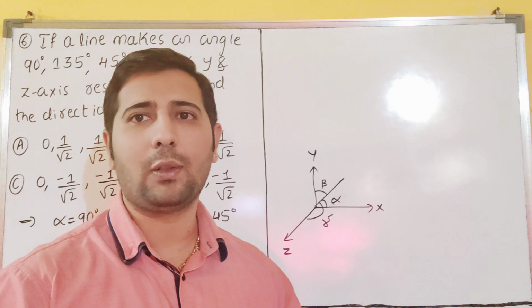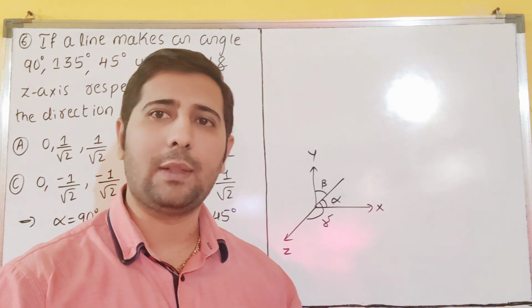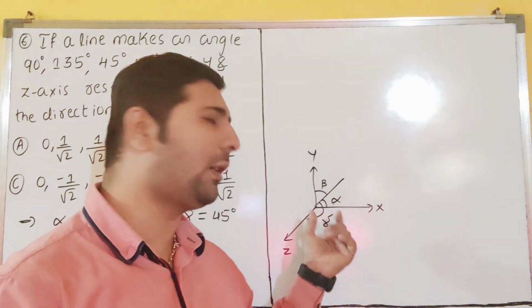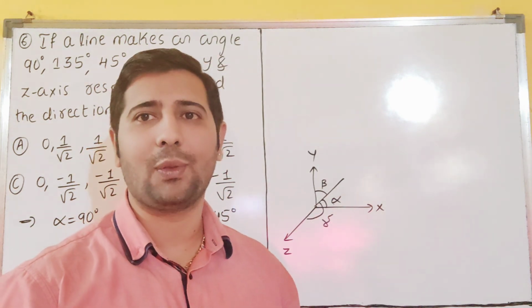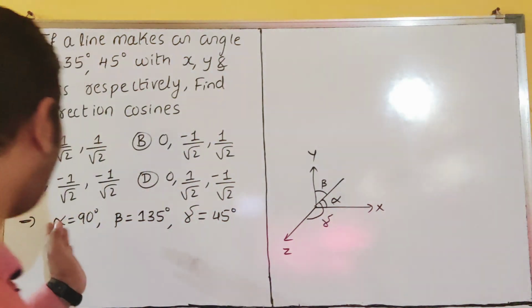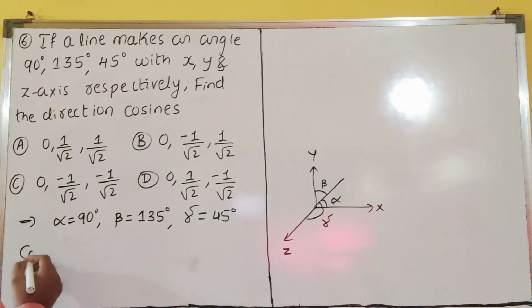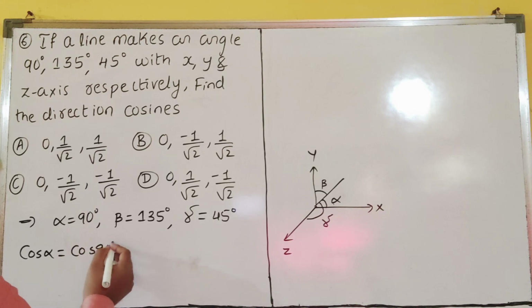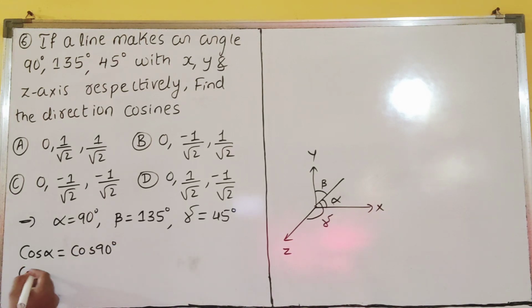If you apply cos to this, then it becomes direction cosines. So let us apply cos to this. Cos alpha means cos 90, applying cos on both sides. So cos 90 is how much? 0, dear students.